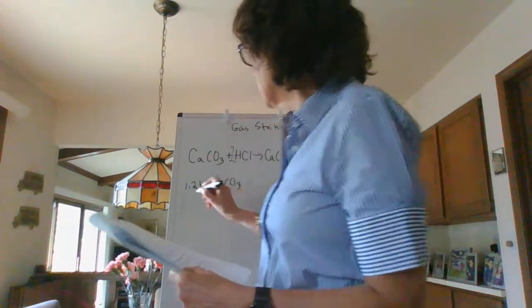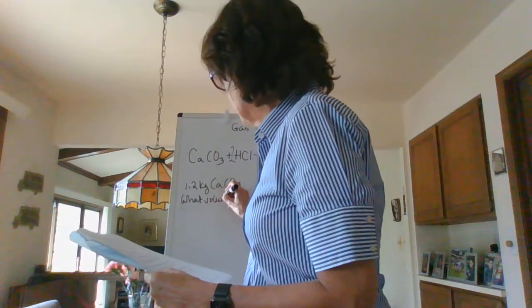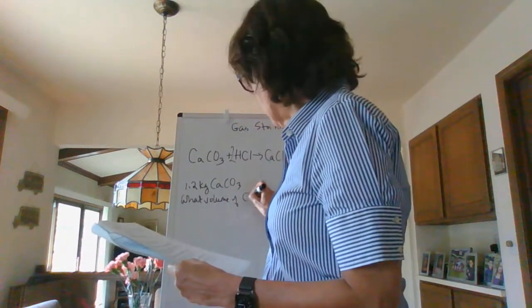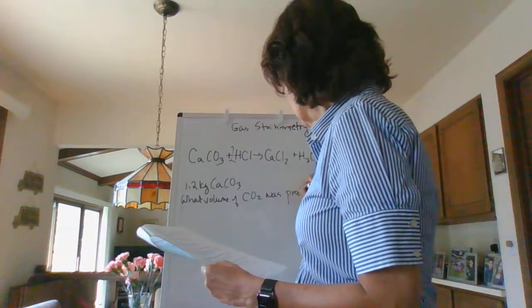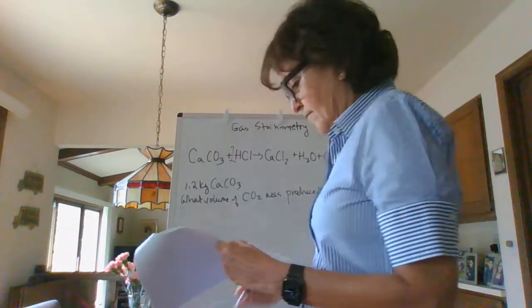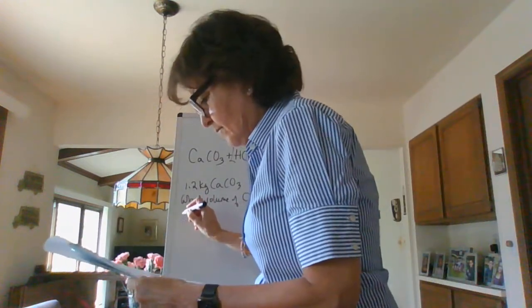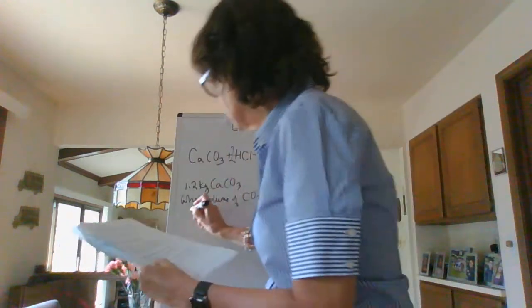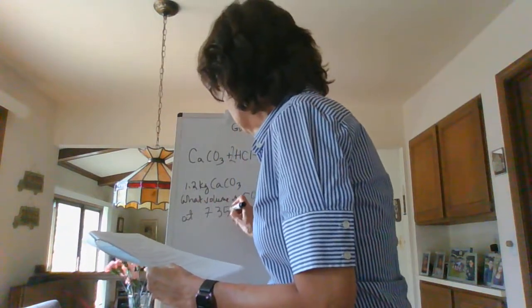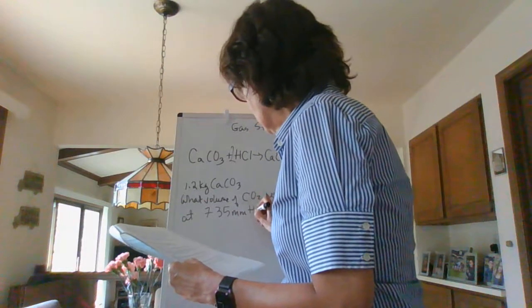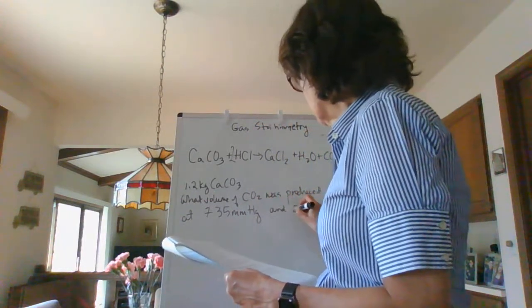And the question is, what volume of carbon dioxide was produced in this reaction at 735 millimeters of mercury and 20 degrees Celsius.